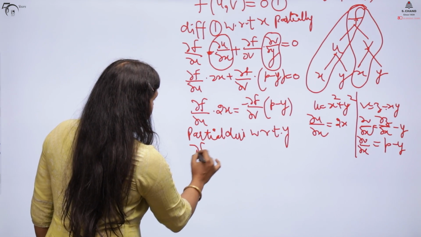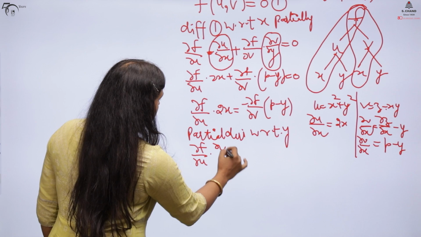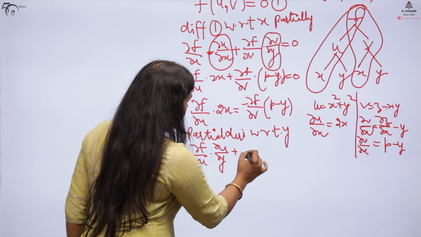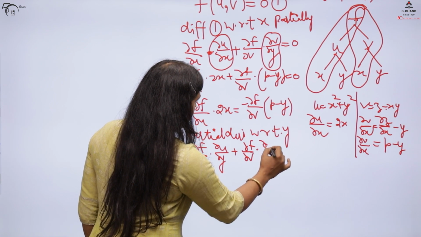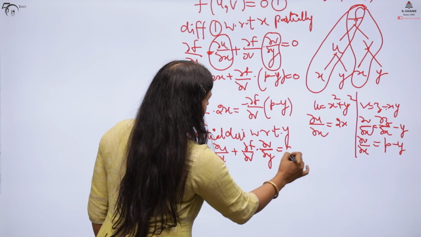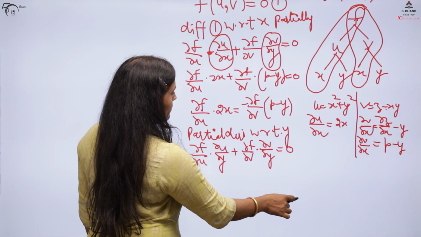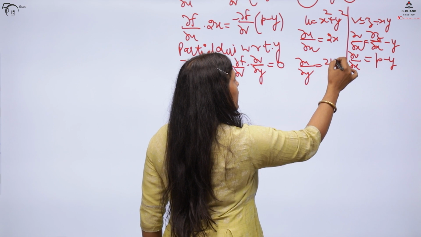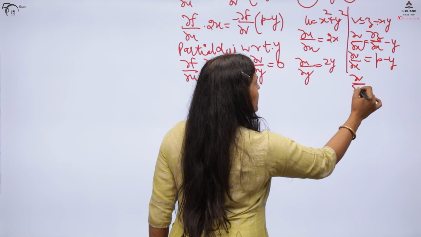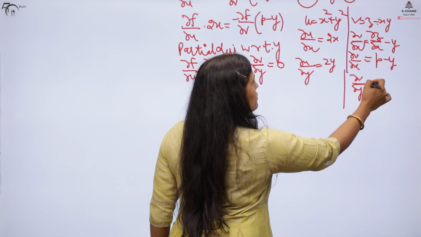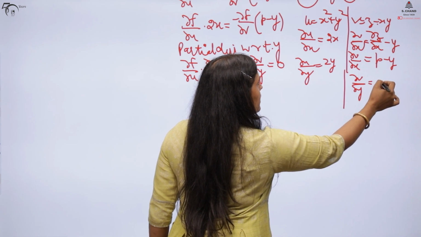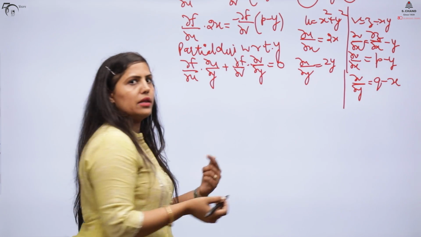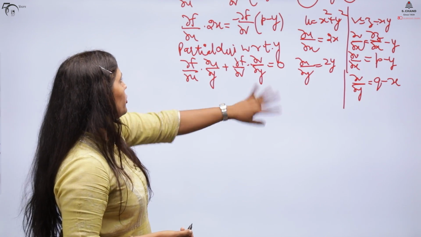So del f by del u times del u by del y, because this time it is with respect to y, plus del f by del v times del v by del y equal to 0. Put in the values: del u by del y is 2y, and the same way del v by del y will be, instead of p, q, and instead of y, x. You can write it on similar parallel lines.